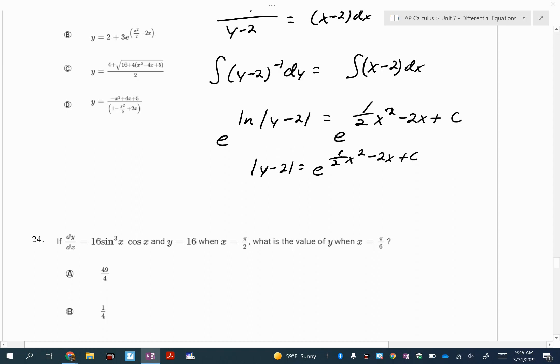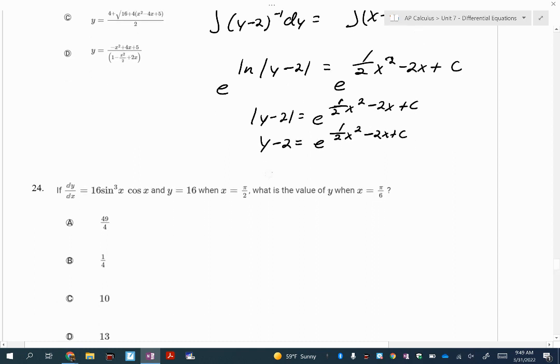In the previous one, we just had the absolute value of y, so there was no moving anything over. But now we have y minus 2 equals e to the 1/2 x squared minus 2x plus c power. So if I move that 2 over, it's going to end up being e to the 1/2 x squared minus 2x plus c, and then I have plus 2.